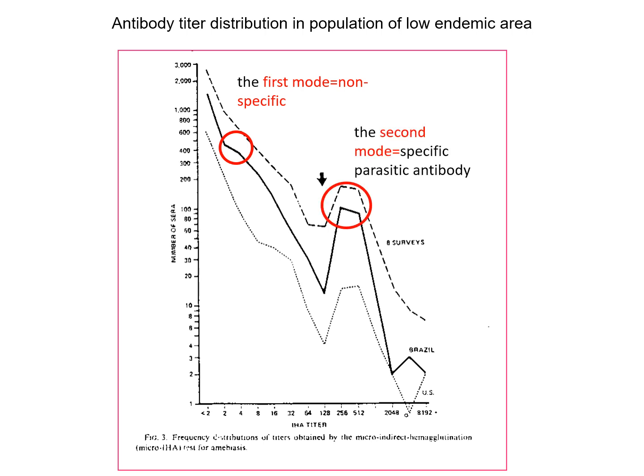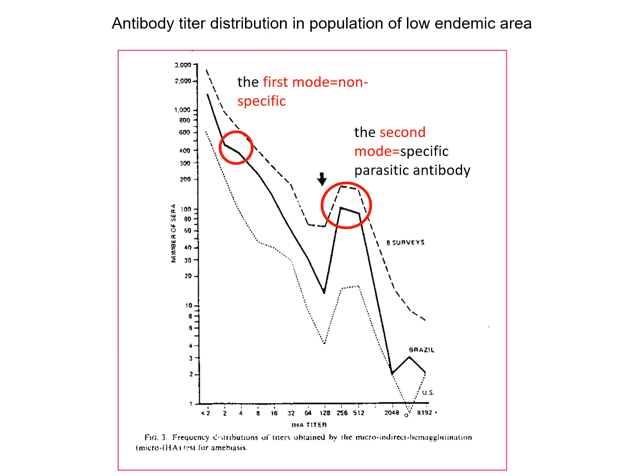And then the second mode here is showing the specific parasitic antibody bindings, where the titer in this case is about 1 to 256. So this value indicates that the people in this group have active infections.